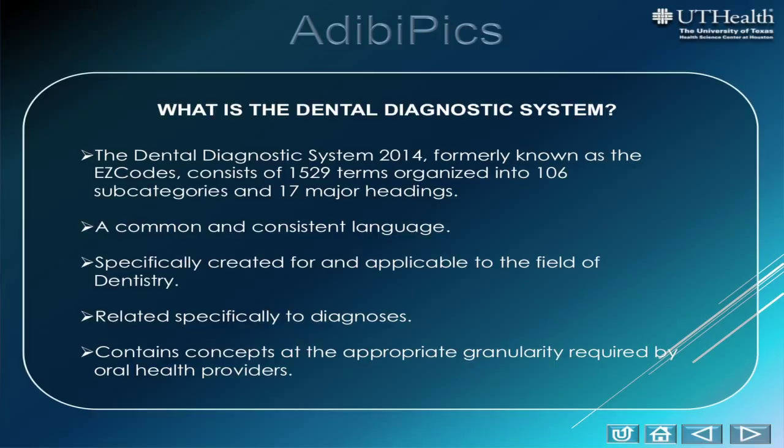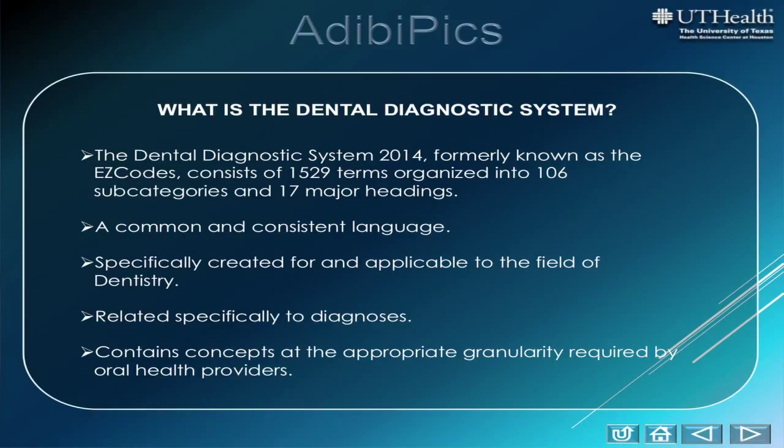Let us explore and discuss what the dental diagnostic system is. Simply, we can summarize that the Dental Diagnostic System 2014, formerly known as the EZCodes, consists of 1,529 terms organized into 106 subcategories and 17 major headings.